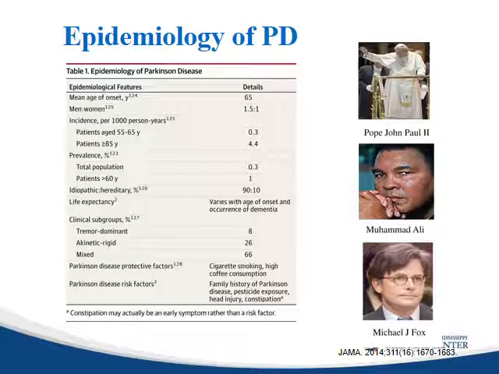Again, Parkinson's disease research has revealed that some environmental factors can be predictive for Parkinson's disease. For example, cigarette smoking, interestingly, has been found to be a protective factor. People who have been smoking have a lower chance of developing Parkinson's disease.